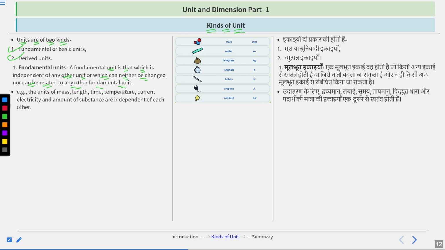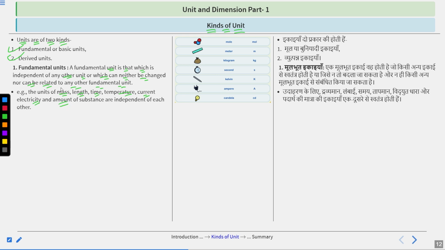Like if we say there are two units x and y, both are independent of each other, y having no influence on x and x not having any influence on y, these units we call fundamental units. Examples of this: units of mass, length, time, temperature, electric current, amount of substance.